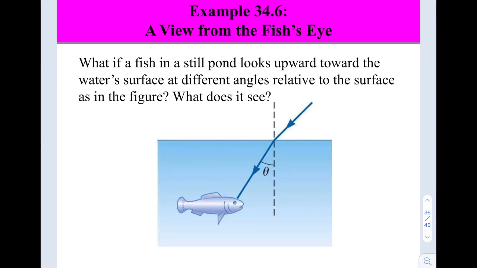At this angle, the fish can in principle see the entire shore of the pond. At an angle greater than the critical angle, the light reaching the fish comes by means of total internal reflection at the surface of light originating in the water. Therefore, at, for example, 60 degrees, the fish sees a reflection of the bottom of the pond.